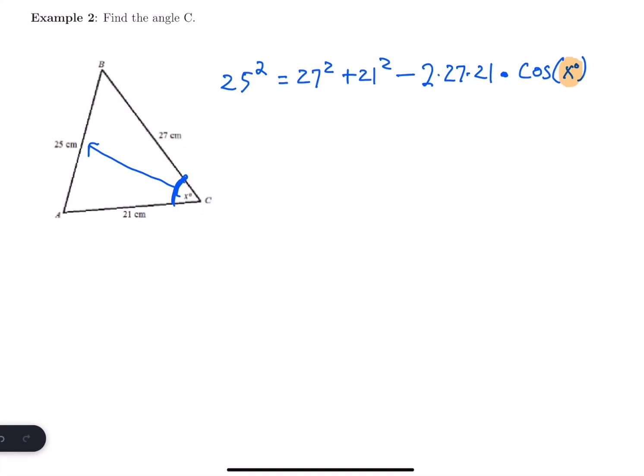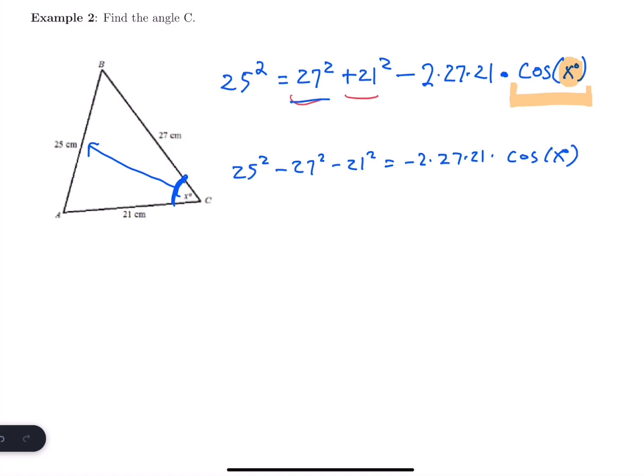In order to find that, we need to isolate the cosine of x. So we need to do some algebra. We need to subtract these two values. Again, for an exam, you can just leave it like this. For homework, you actually have to type the final answer in a calculator.